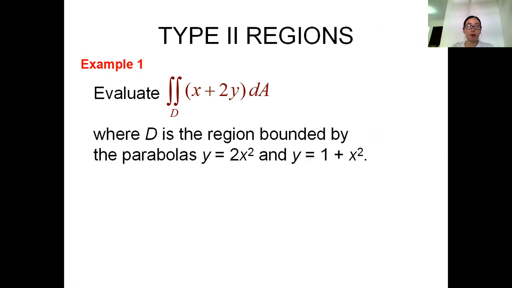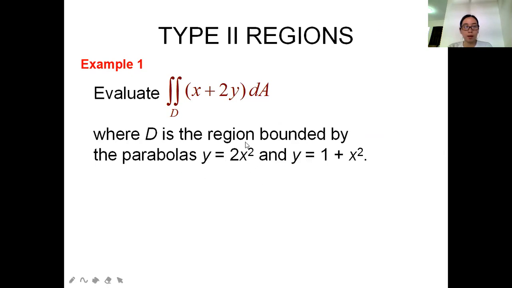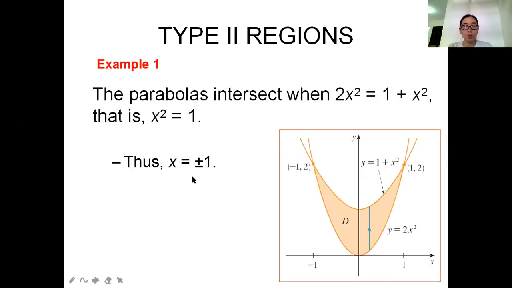So, for example number 1, evaluate the double integral of the function x plus 2y dA, where D is the region bounded by the parabolas y is equal to 2x squared and y is equal to 1 plus x squared. Given these values, we are now going to graph to show what region we are looking for.